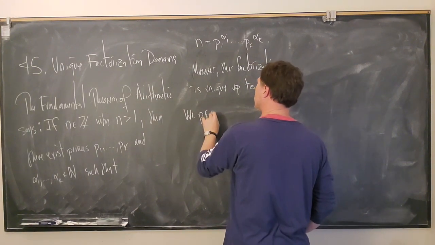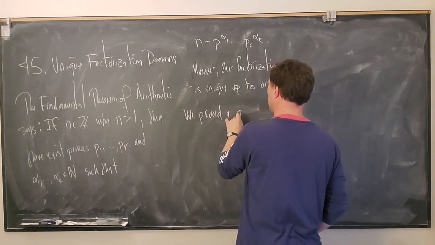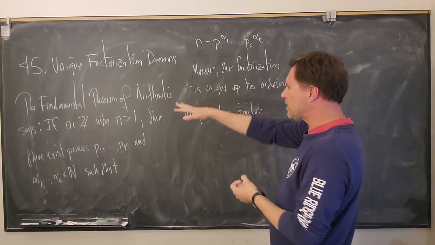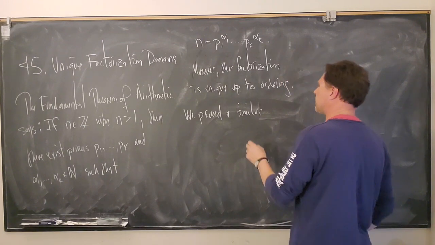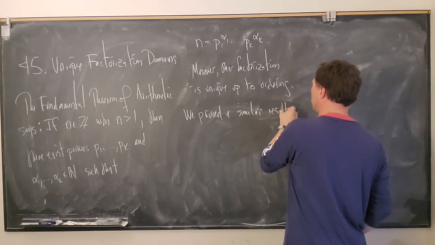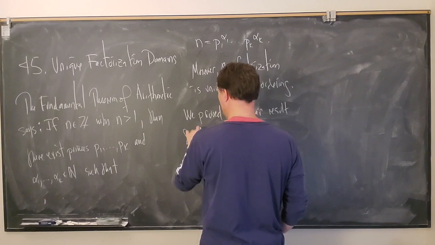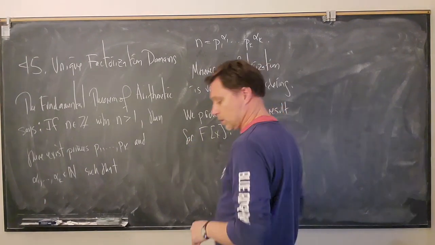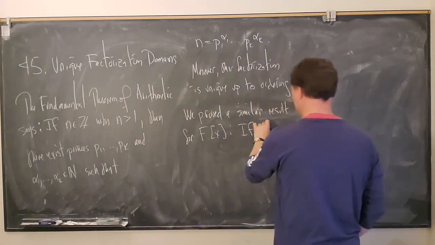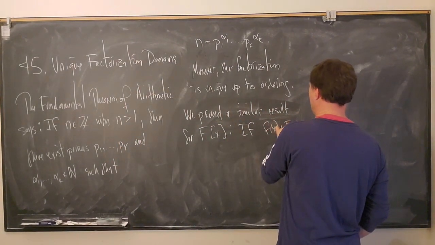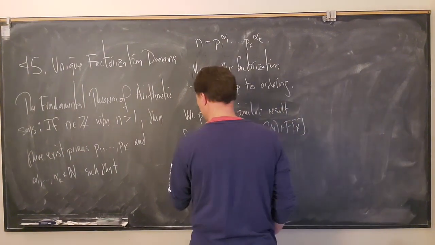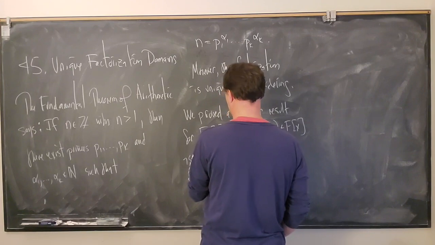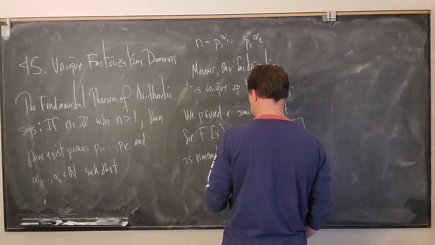We proved a similar result. And that's really what I want to do, is just sort of give the analogy, right? There is the fundamental theorem of arithmetic, and then we proved a similar result for F[x], right? So if f(x) in F[x] is non-constant, then we can factor it.